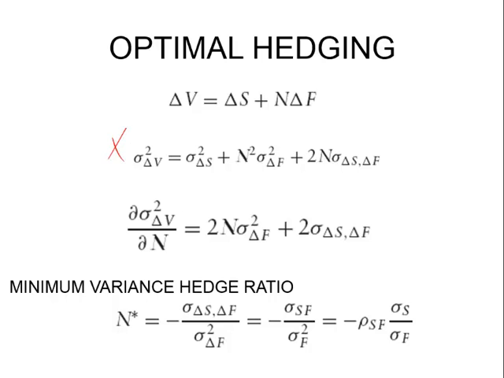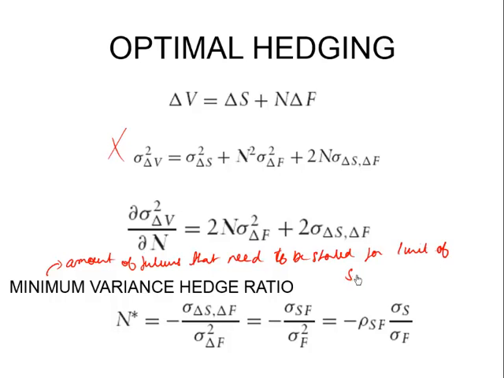Never mind this earlier proof. Just remember, the minimum variance hedge ratio is defined as the amount of futures that need to be shorted for 1 unit of the spot position.